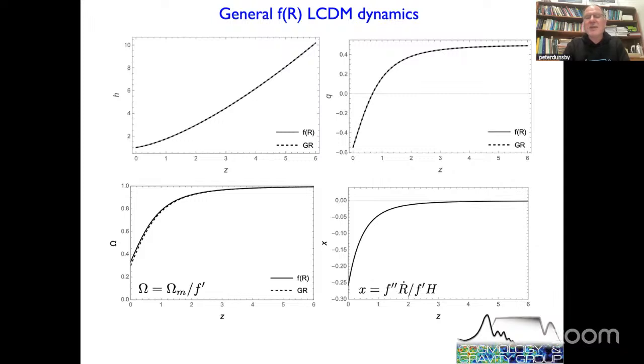And again, you can see we're very close to GR at high redshift, which is what you want. And then as you approach the present epoch, you deviate, you move away from X equal to 0. And that's where the modifications of GR kick in and lead to late time acceleration.